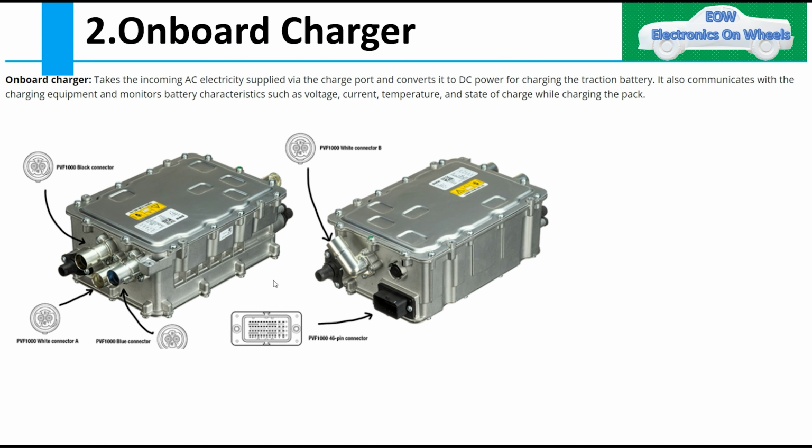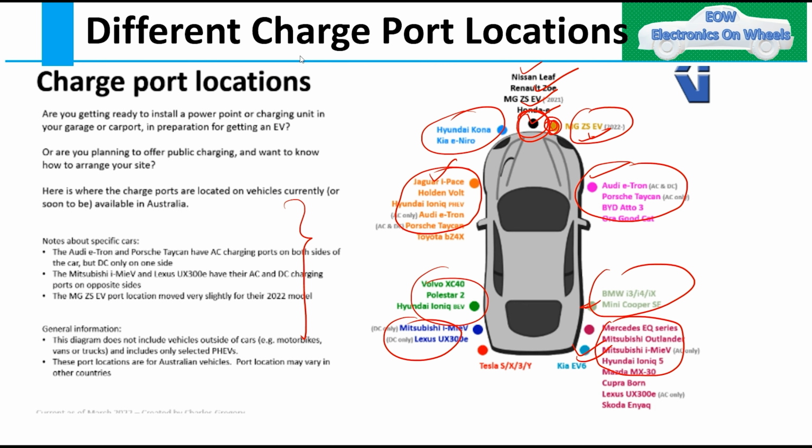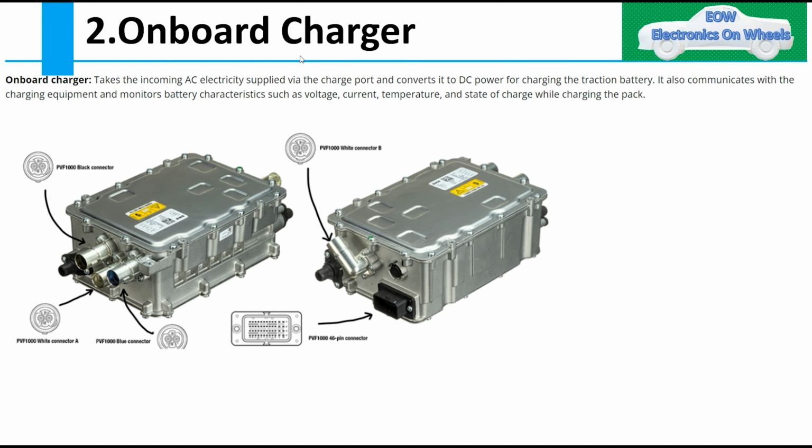Now coming to the onboard charger. Once you have your charging port, after that comes the onboard charger. It takes the incoming AC electricity supplied via the charge port and converts it to DC power for charging the traction battery. Your battery pack is DC, so it cannot be charged by AC.